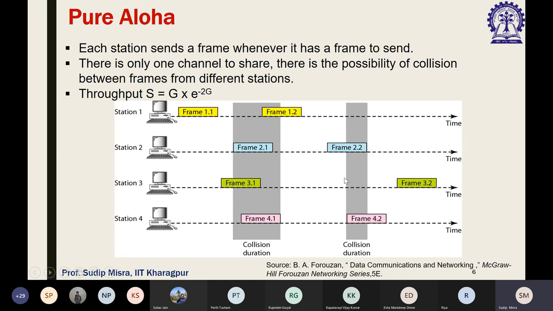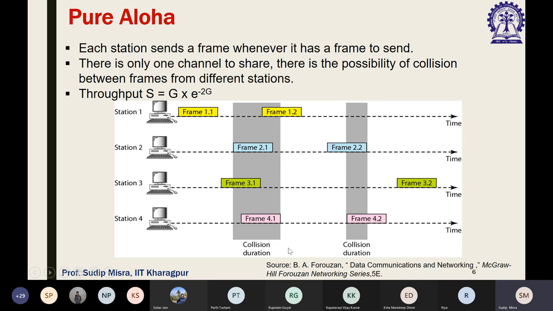Likewise, over here, have a look, 2.2 and 4.2 can also collide. So ultimately, if you have a scenario like this, only frame 1.1 and 3.2 are going to survive. All the rest of the other frames are going to collide with one another.